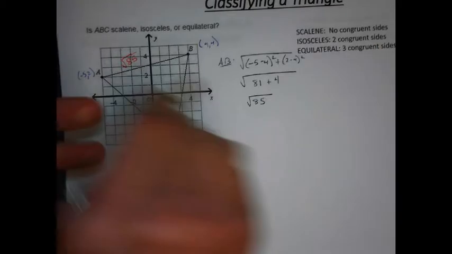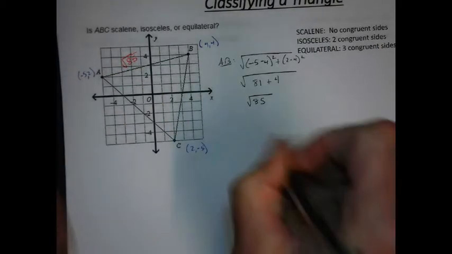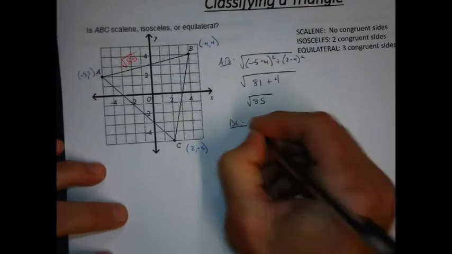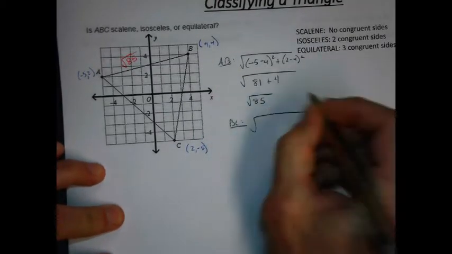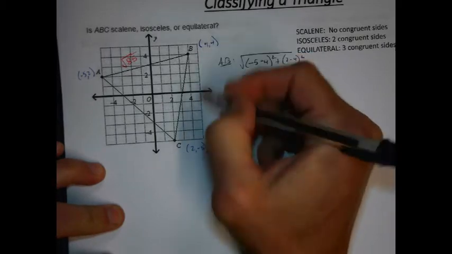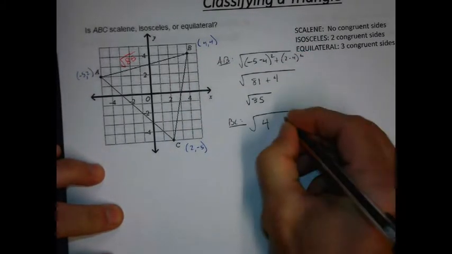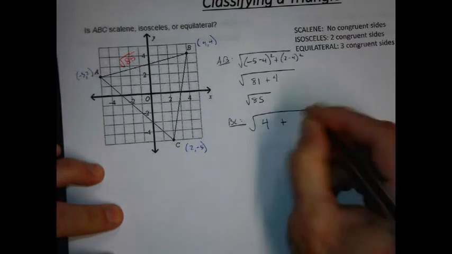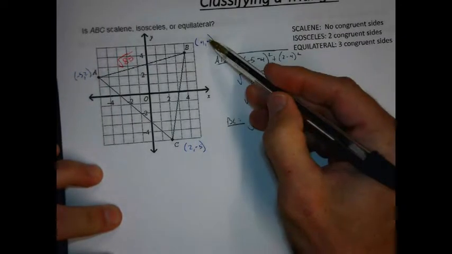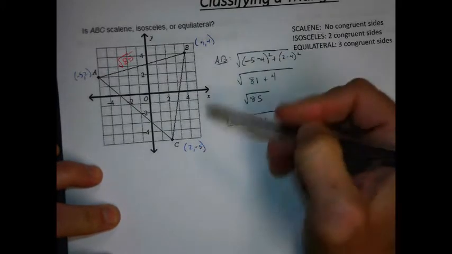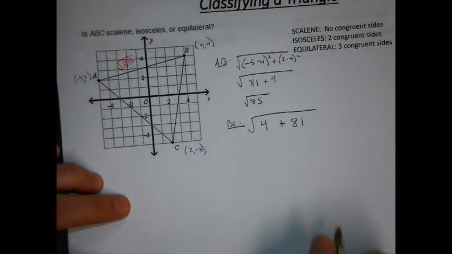What about from B to C? Let's measure B to C. Use our measuring tape, the distance formula. Subtract our x's. 4 minus 2 is 2. 2 squared is 4. Look how quick that happened. Now we're going to subtract our y's. 4 minus negative 5 is 9. 9 squared is 81.